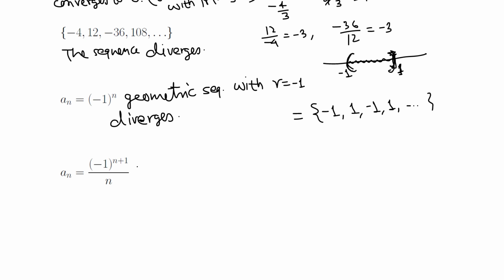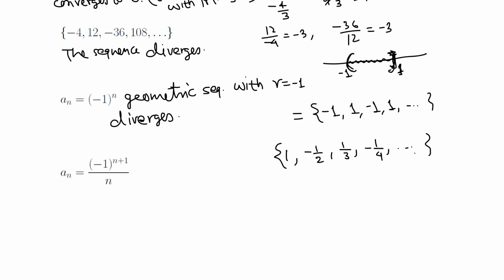Okay, here, -1 to the n plus 1. The top alone would be like the previous, but here there is n. So if we look at a couple of terms, n equals 1, it will be 1 over 1. n equals 2, -1/2. n equals 3, 3 plus 1 is 4, -1 to the 4th is positive, 1/3, -1/4. Almost like the previous, but now these numbers are getting smaller and smaller.